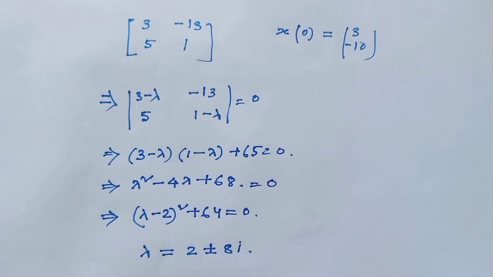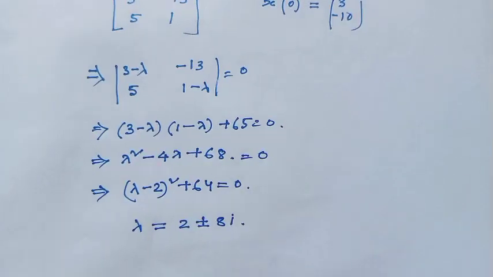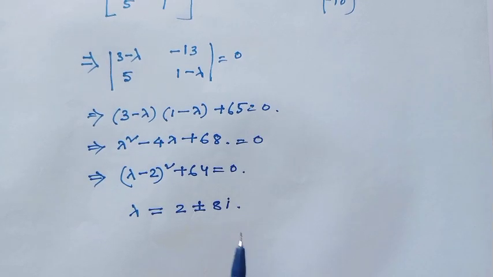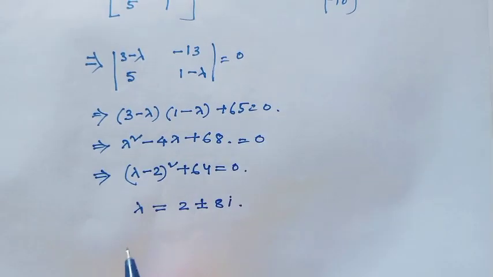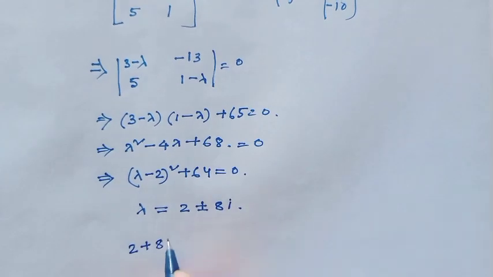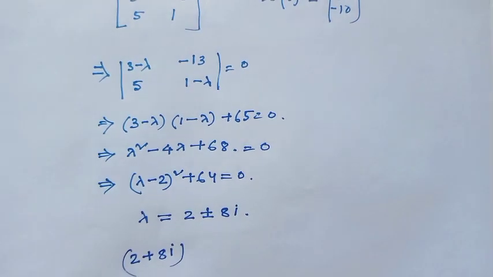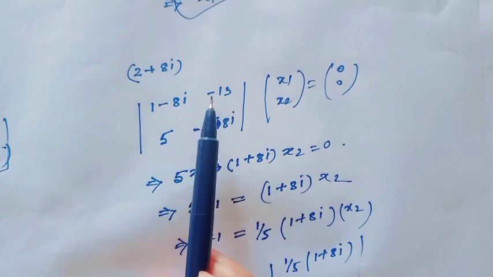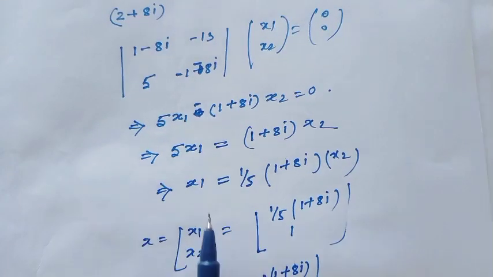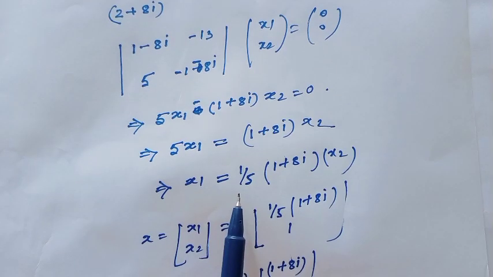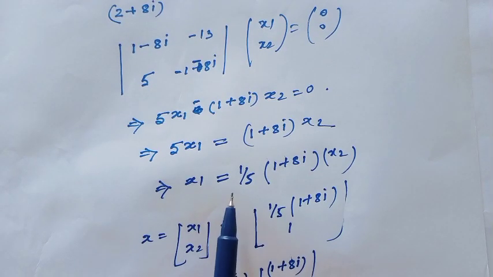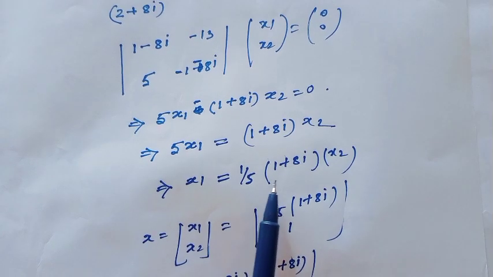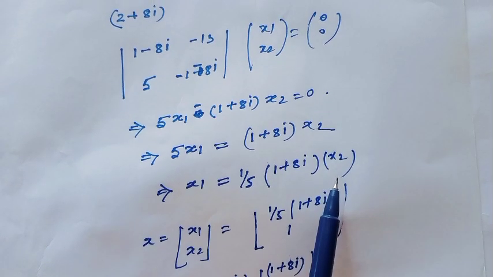At first find the eigenvalue. The eigenvalue would be 2 plus minus 8i. With respect to the eigenvalue 2 plus 8i, the eigenvector would be of such type: x1 equal to (1 over 5)(1 plus 8i) x2.